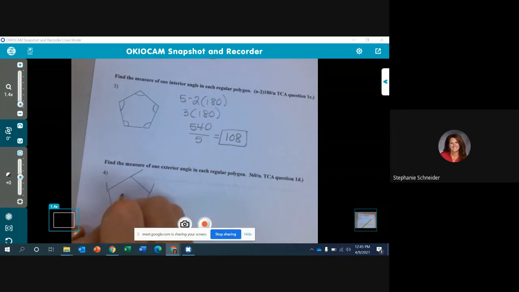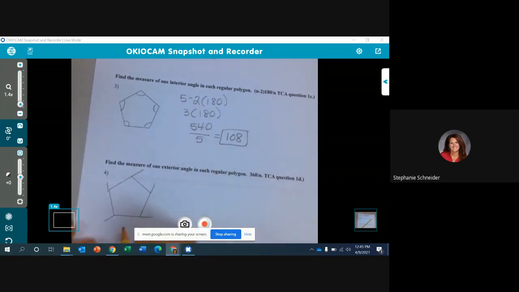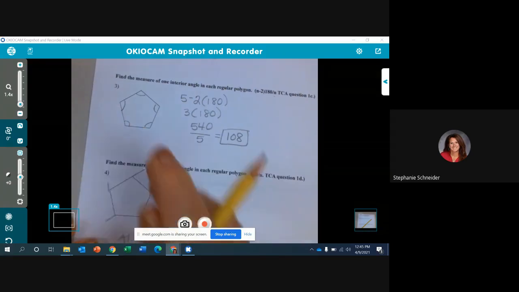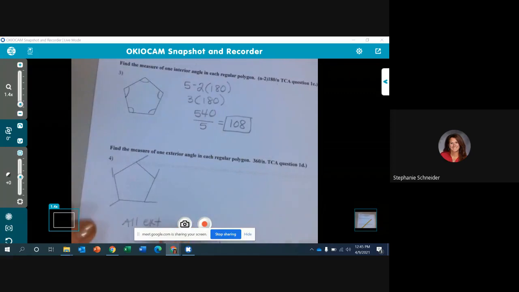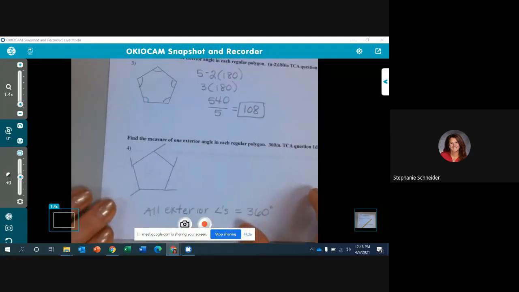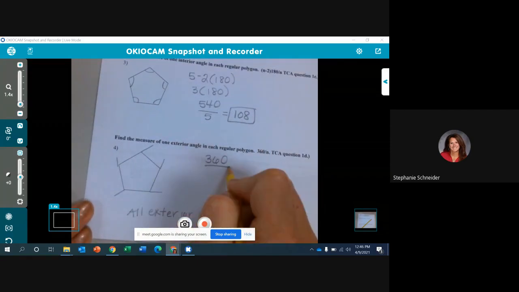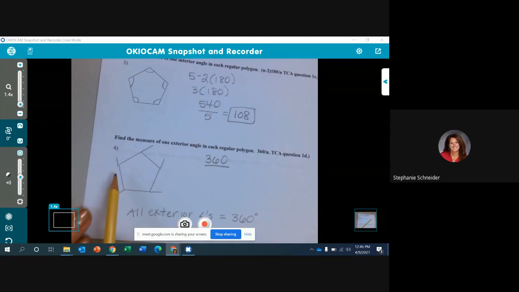Let's put that on the outside. All exterior angles equal 360 degrees. Okay, so if we just want to find one, we're going to take 360 degrees and divide it by the number of angles we have.